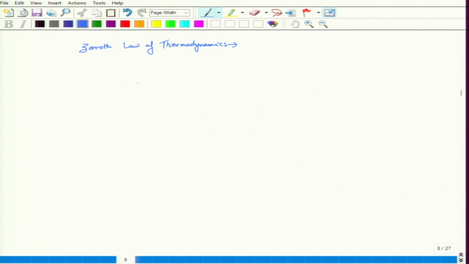So let me write the formal definition of the zeroth law of thermodynamics.